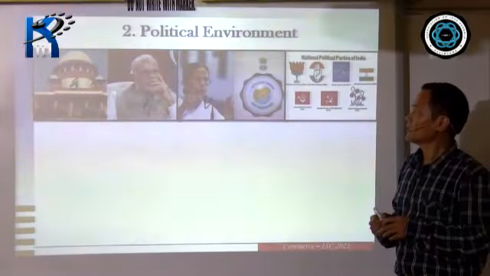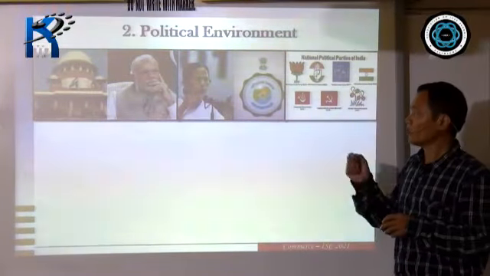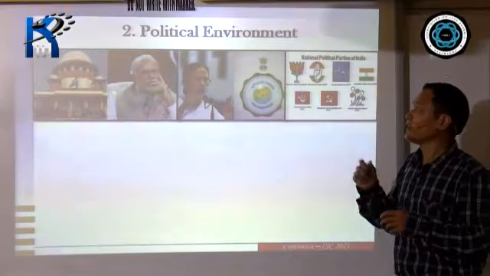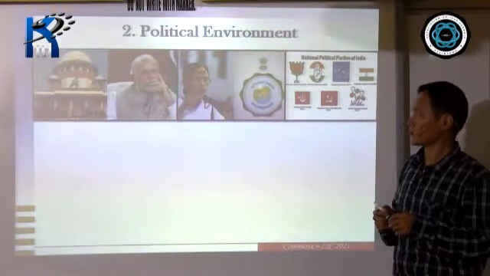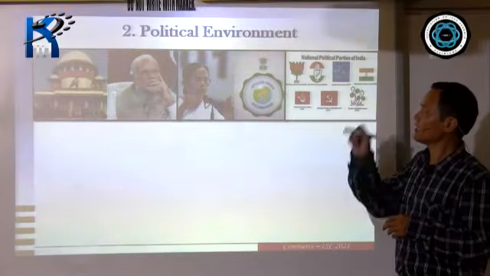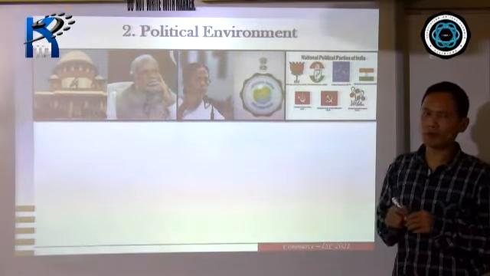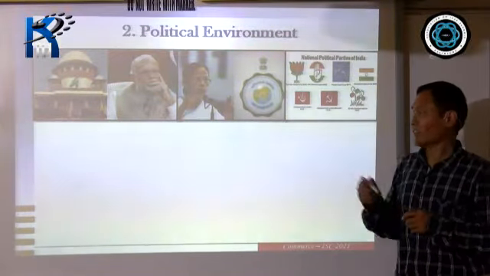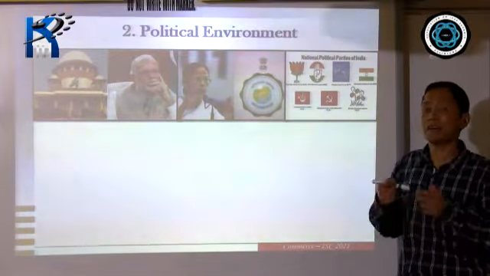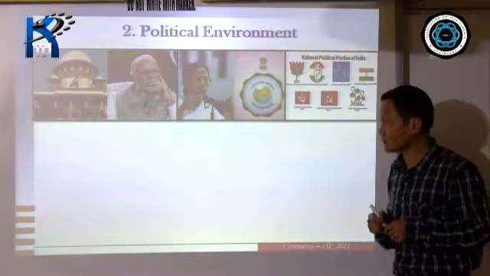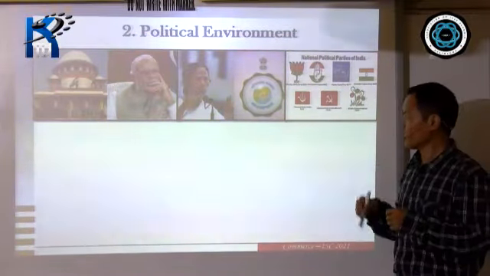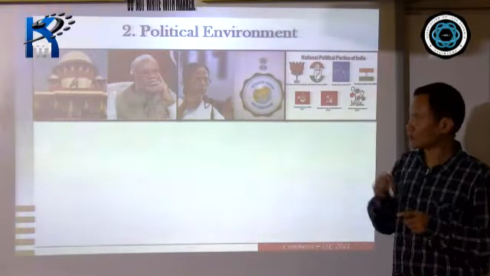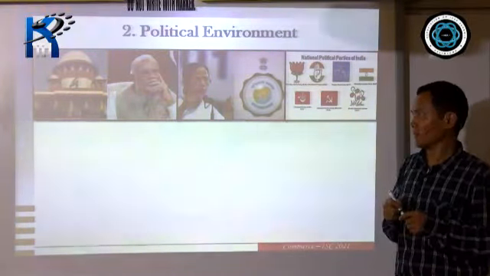Political environment refers to the political system and its working that influence the business operations. Basically, political environment consists of all the factors and forces concerning the administration of public affairs. And it includes government at the local level, that is local government, state government, and also the central government.